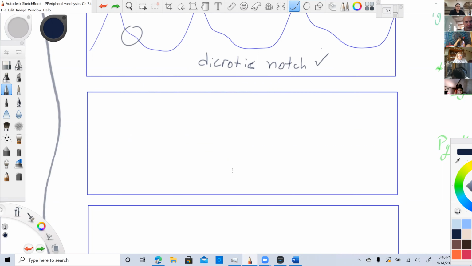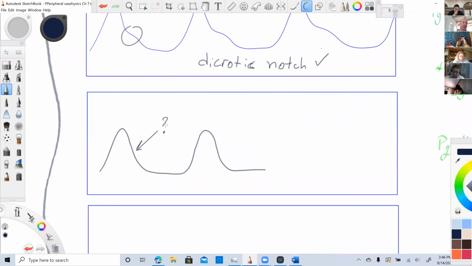Let's make it a little worse. Okay. Here, where's the dicrotic notch? That's missing. So that's a bit of a concern.